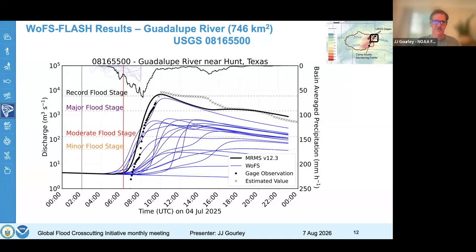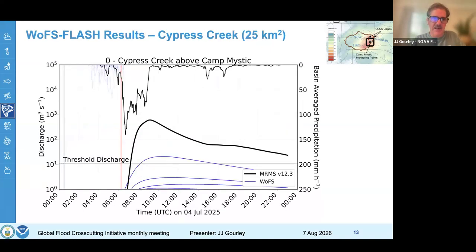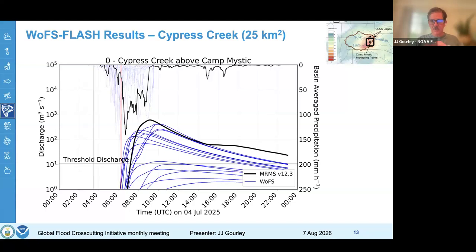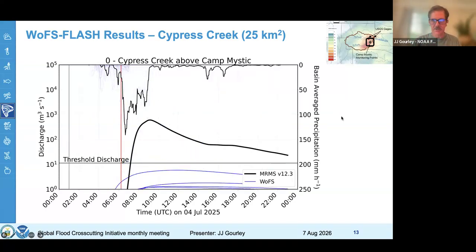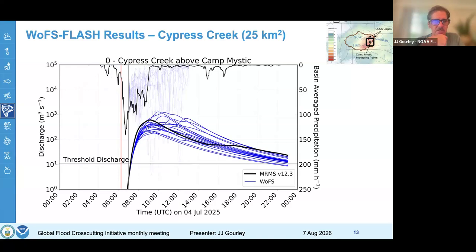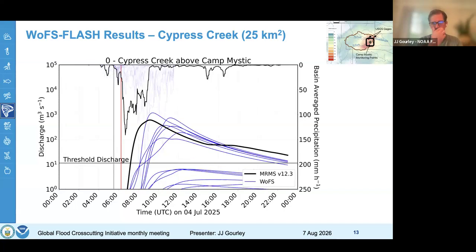Now we're going to zoom in right to Cypress Creek, this tiny little catchment, 25 square kilometers. While I talk, I'm going to let the animation build, hopefully. I tried to close out a bunch of files earlier, hoping that would fix this, but it's still struggling. You can see the threshold discharge that I have on there. With time, as that little vertical gray bar moves from left to right, you'll start seeing more and more members exceeding that threshold discharge.